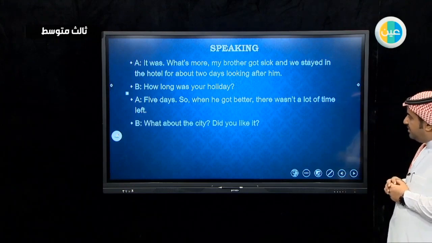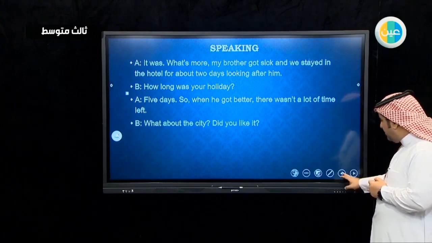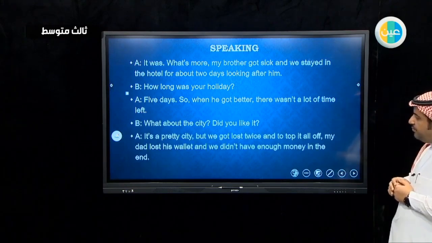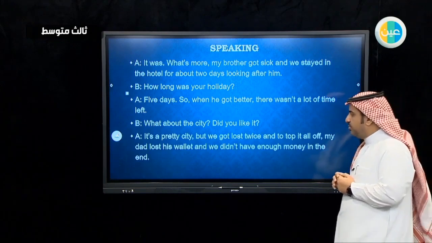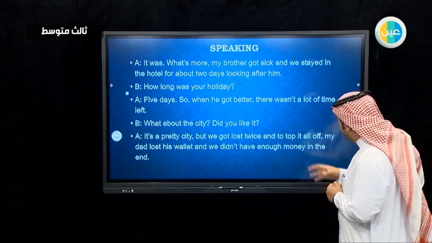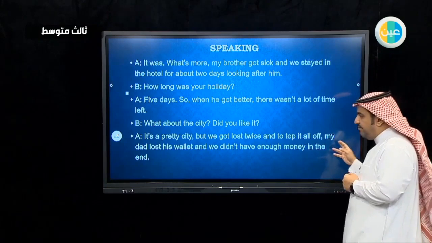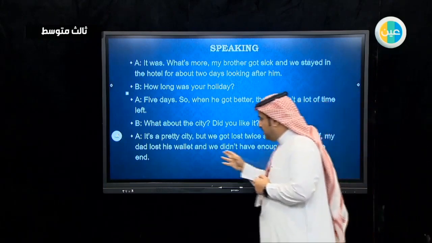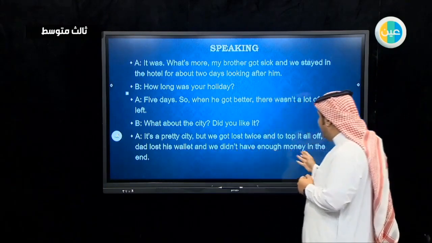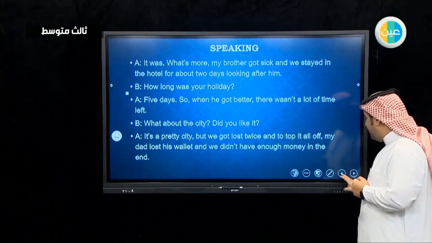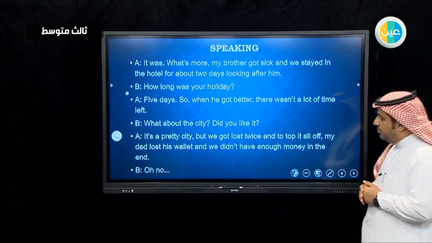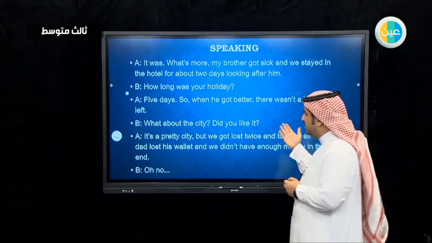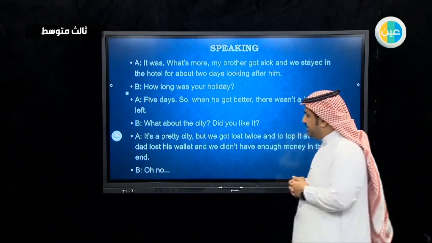What about the city? Did you like it? It's a pretty city. But we got lost twice, and to top it all off, my dad lost his wallet and we didn't have enough money in the end. Oh no. So as you can see, he had a very bad experience.